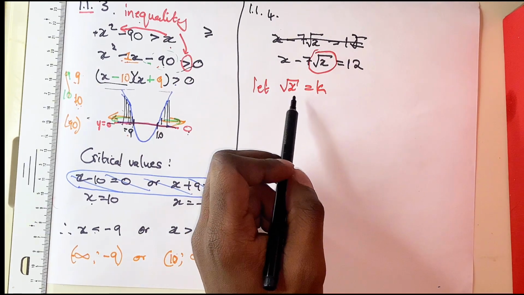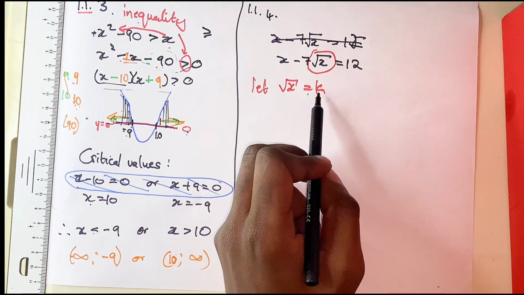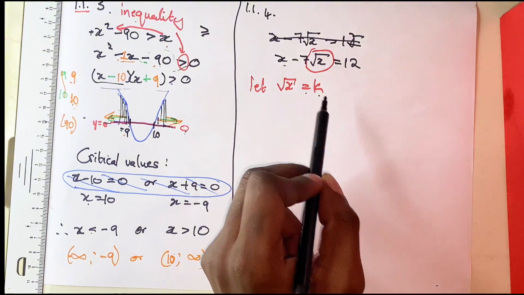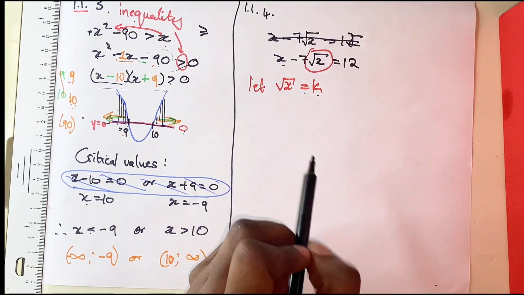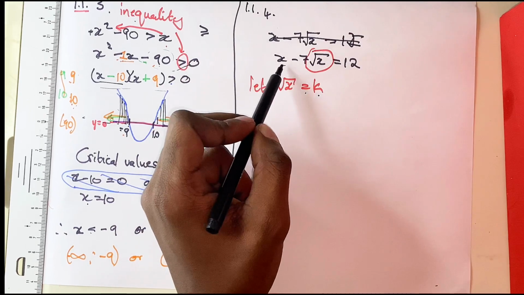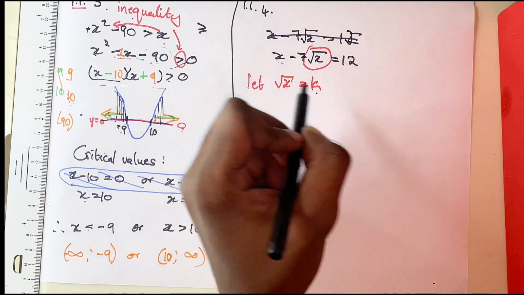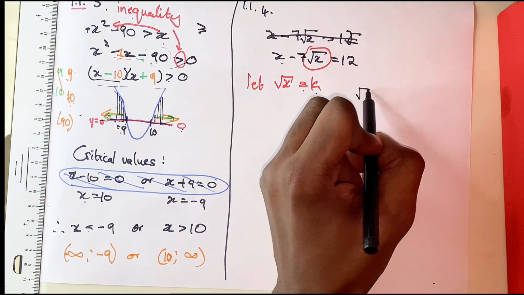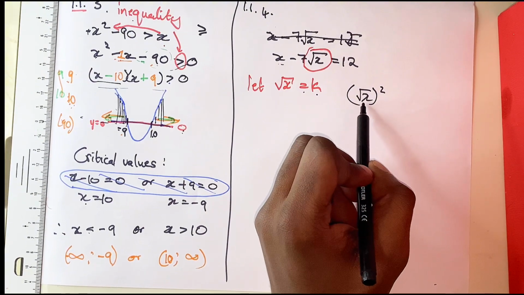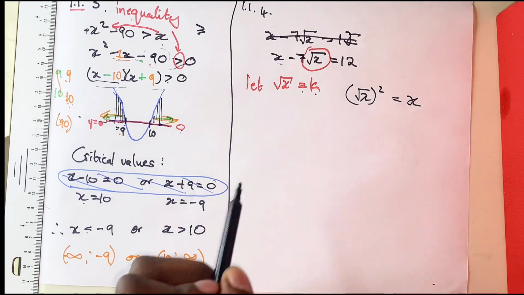So now that we know that the root of x is equal to k, we are going to rewrite this equation and substitute root of x with k. Now x, if you put root of x multiplied by root of x, you get x.